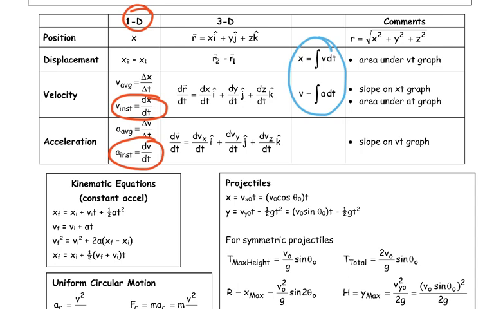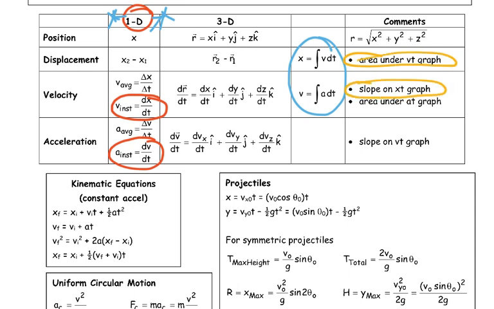Okay, so right now we're going to focus just on the 1D right here, and we will add in this other stuff as we go. Notice over here it does tell you displacement is the area under a velocity-time graph.